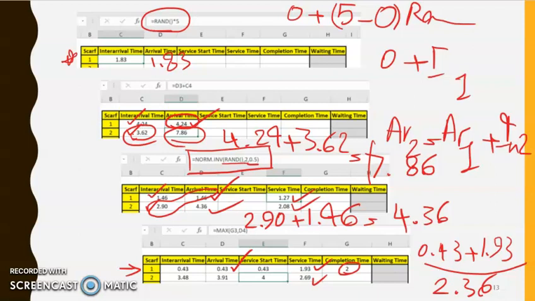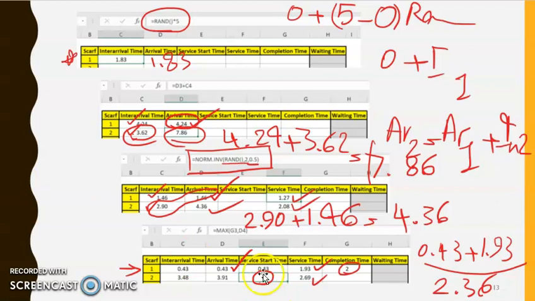But the part that I told you is not as straightforward as the previous one is here. When you want to calculate the service start time of the second customer, it is a little bit tricky.